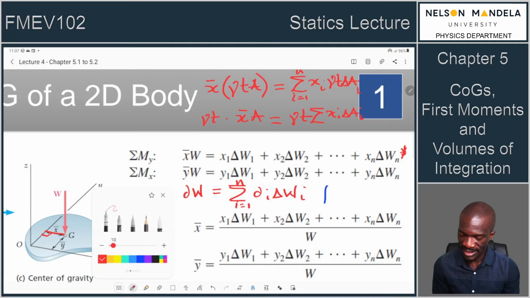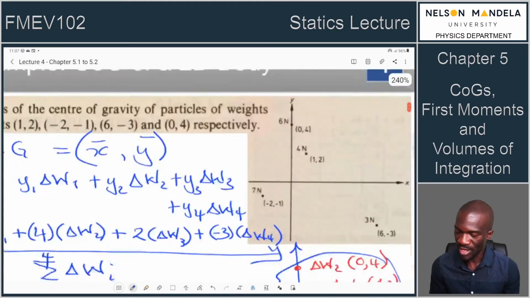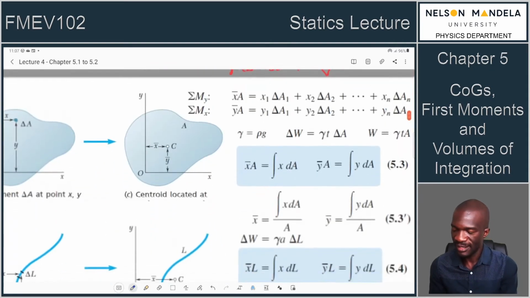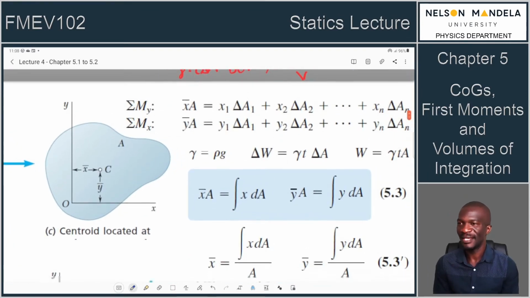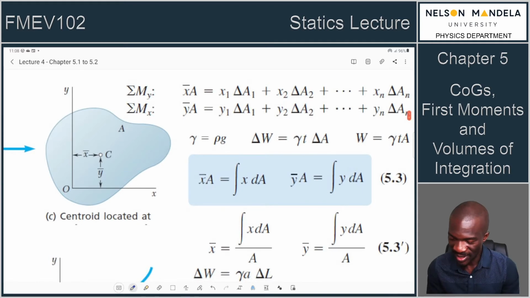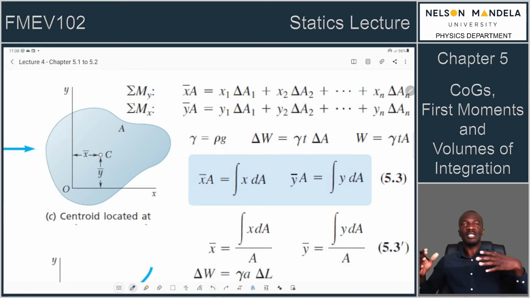So this gamma T, as you can see, is common on both sides. This is what generates this equation for the centroid of an area. This equation is summarized by the steps that we showed just now. It means for you to find the centroid of an area, all you need is the geometry of the object.